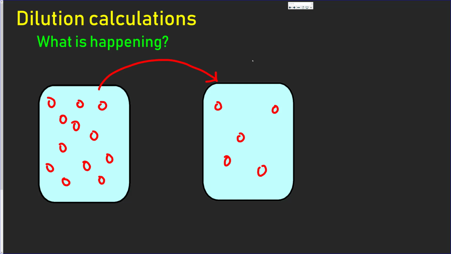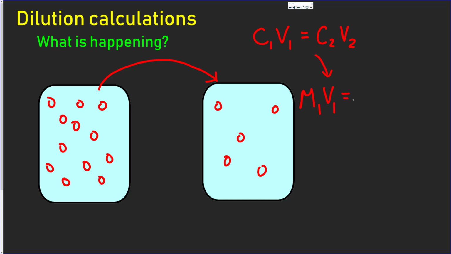That is based on this formula where you have the concentration of 1 times the volume of 1 is equal to the concentration of 2 times the volume of 2. Sometimes you might have seen this variation where the C is actually molarity, because they represent essentially the same thing.